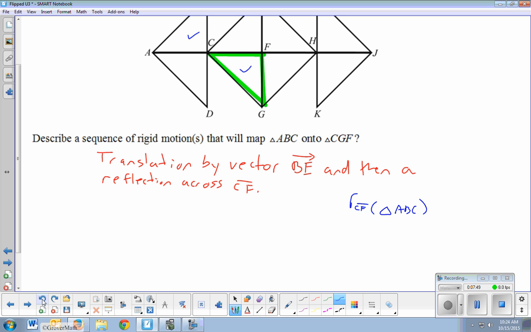The first thing I did was a translation by vector BE. So translate by vector BE, and then we did a reflection across CF. So this is how I would write the notation, starting here and working your way in to out. The first thing we did was a translation, and then we did a reflection. So that's how you would write the notation. Sometimes we want it in a sentence description. Sometimes we want the notation. Sometimes we want both. Let's look at a few more examples.